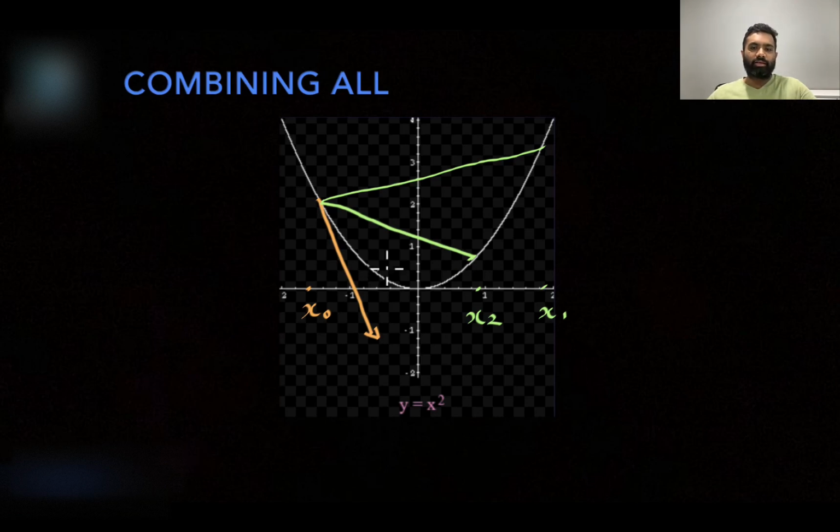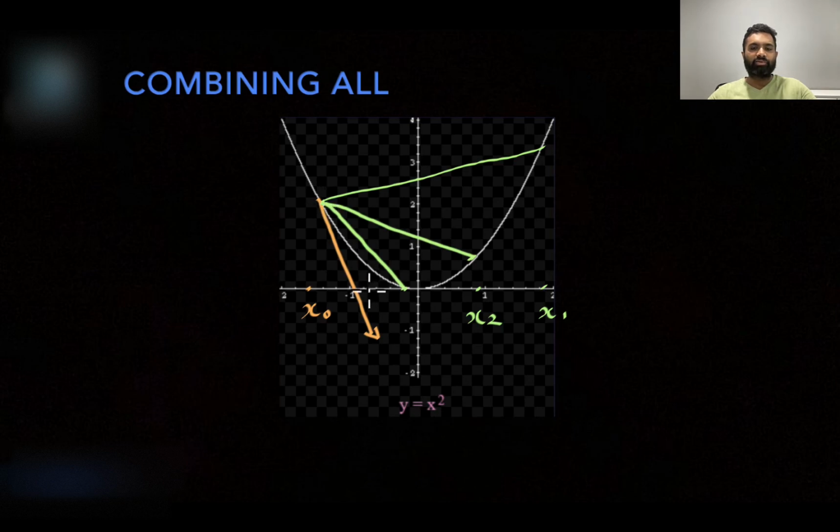Obviously you can notice the steadiness of the slope change of this green line. Slowly the slope of this green line is changing. If I consider x3, which is very close to x0, then the green line will slowly come closer to the orange line, and it will always be the case as long as you are considering two different points on this function.